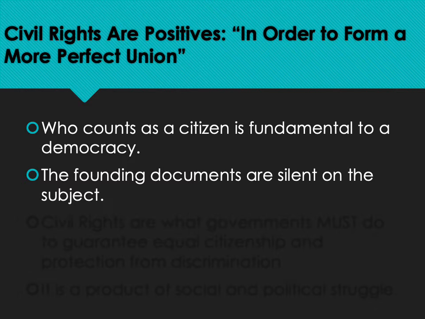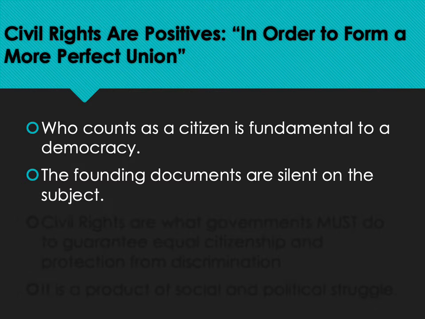The founding documents are silent on the subject of who counts as a citizen. There's nothing in the Constitution or the Bill of Rights, or the Declaration of Independence, that tells us what criteria you have to meet to become a citizen. And so we know from our readings so far this semester that who's included in full citizenship is really a product of politics.